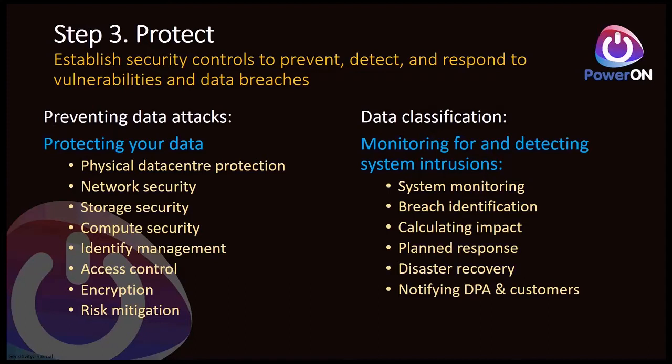What was the impact of that breach? So the security solution needs to have the ability to monitor and detect system breaches, and a documented plan in place to detail what happens at each phase, from the moment that the breach is identified to the planned response, through to the notifying of the authorities and customer within the 72 hours time frame.